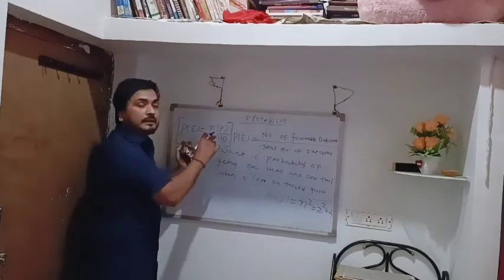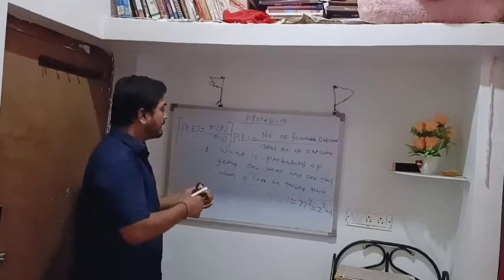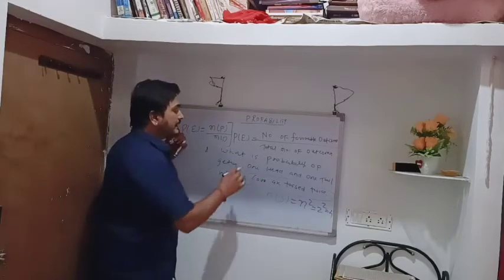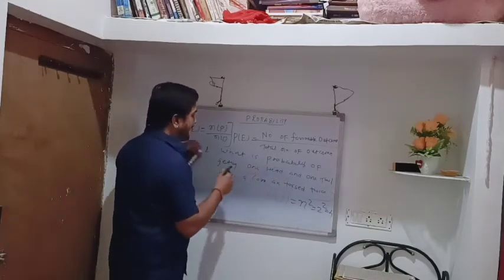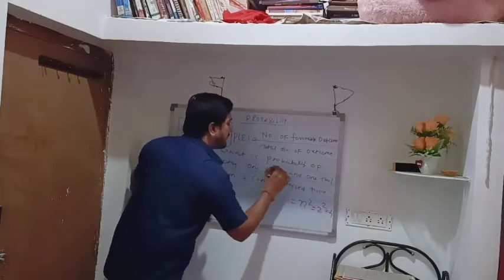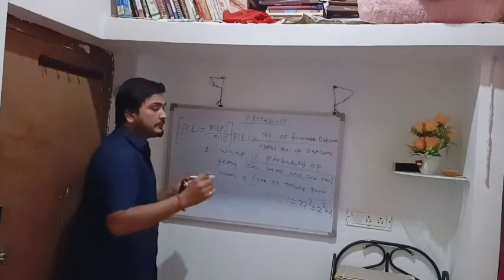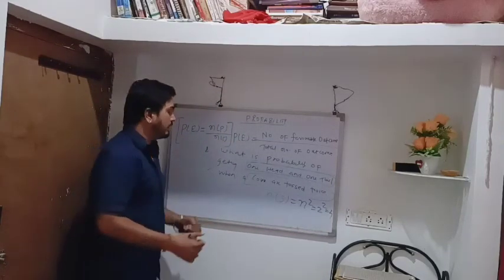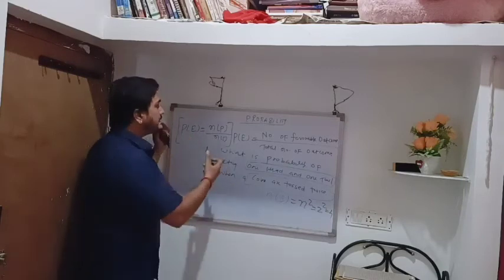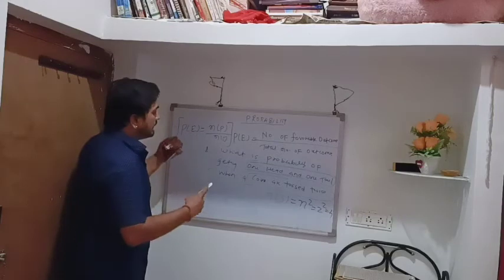Now we have to find NP, and how can we calculate it? It comes from the required question: what is the probability of getting one head and one tail? First of all, we are going to design a truth table. By using this truth table, we can easily calculate the probability.